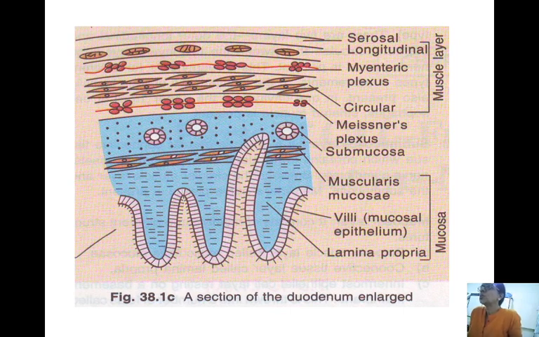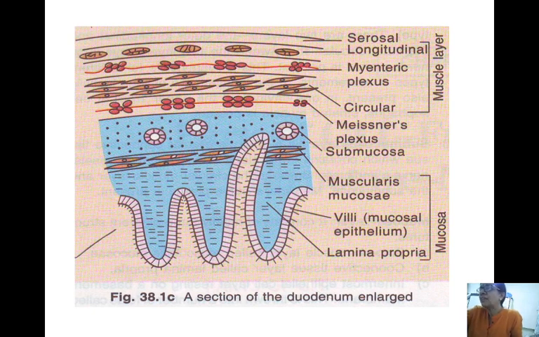Then comes the submucosa layer. Submucosa will have three things in it: the blood vessels, the lymphatics and the loose connective tissue layer. Then comes the mucosa. Mucosa is the innermost layer. Here the cells are resting on the basement membrane.